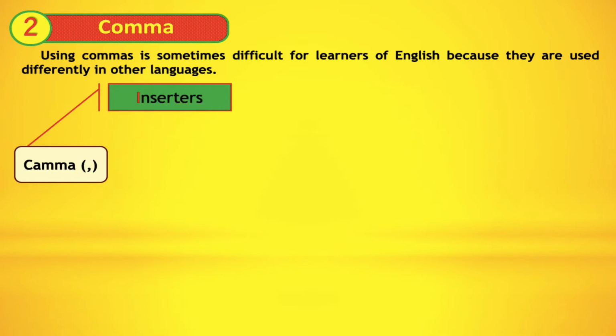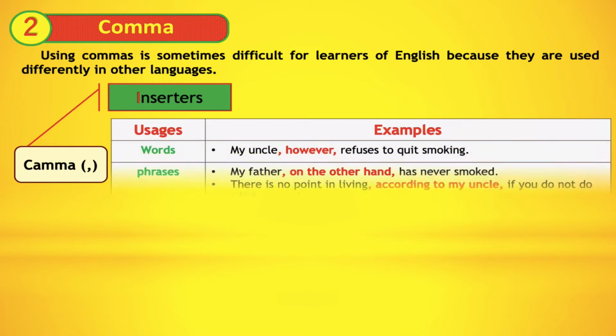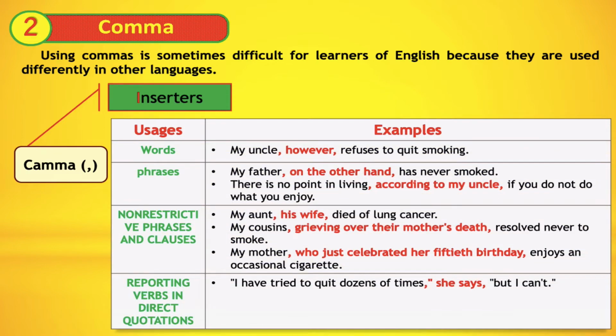So let's move to the inserter commas. Here an inserter comma is used before and after any element that is inserted into the middle of an independent clause. What do we mean by independent clause? For example, a simple sentence or other sentences that have an independent clause, in terms of words that can be seen in however, or phrases.